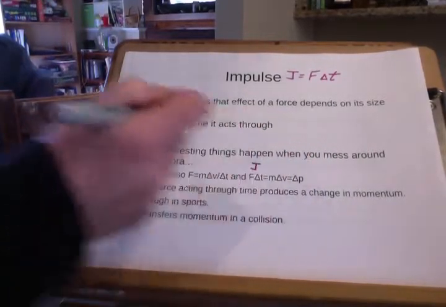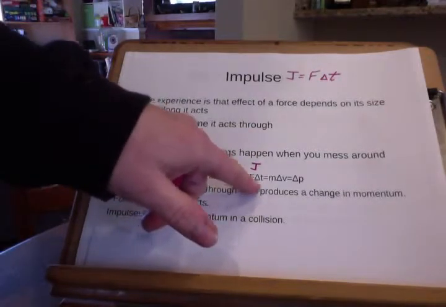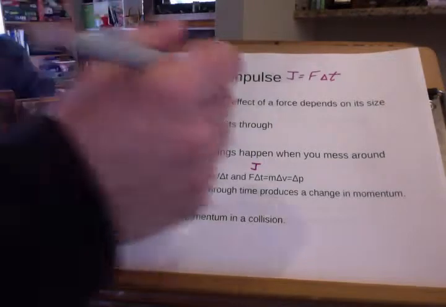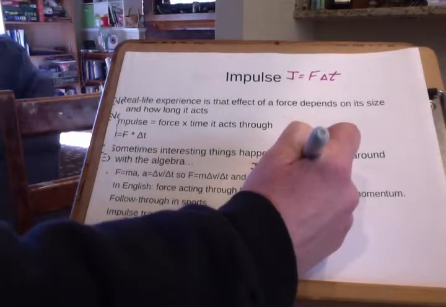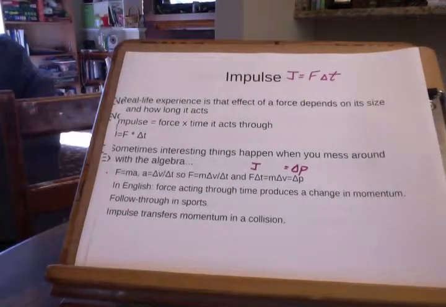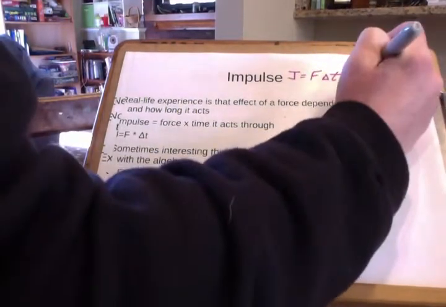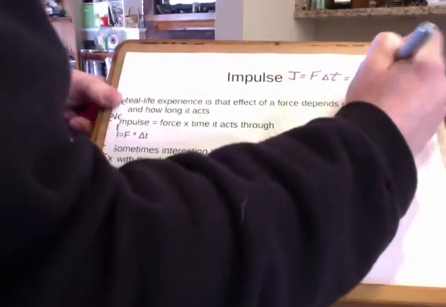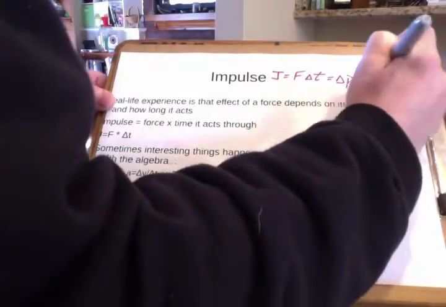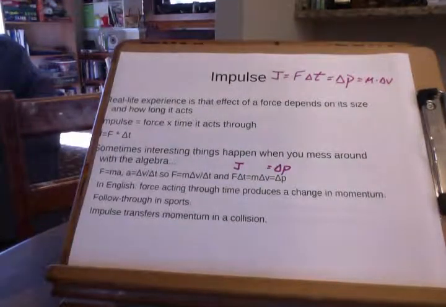Force times the change in time, force acting over time, is impulse. Mass times the change in velocity is equal to the change in momentum. And we find that impulse, the change in momentum, is force acting over time, is mass times the change in velocity. A force acting through time produces a change in momentum.